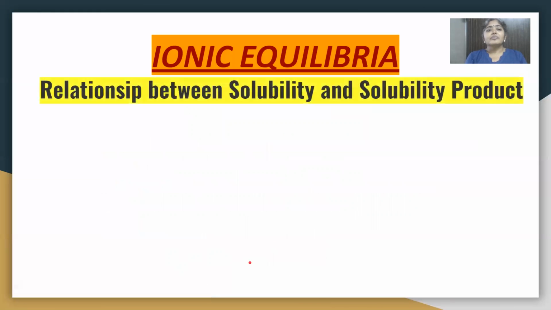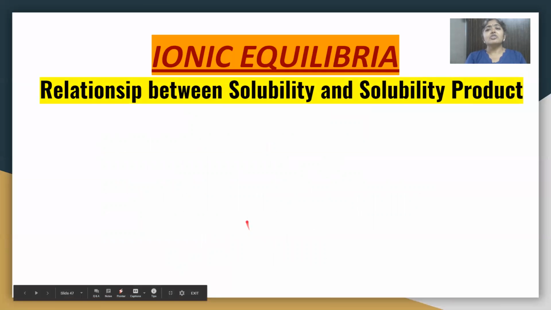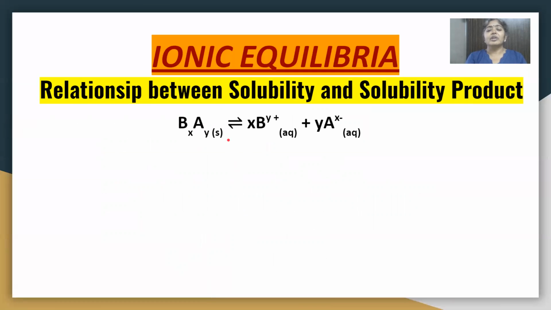All right. Now, there is a relation between the solubility and the solubility product. Let us understand it. Again, we consider our general reaction for the general molecular formula of the salt BxAy. We write the ionic equilibrium for the salt. It will form x times B with y positive charges and y times A with x negative charges.